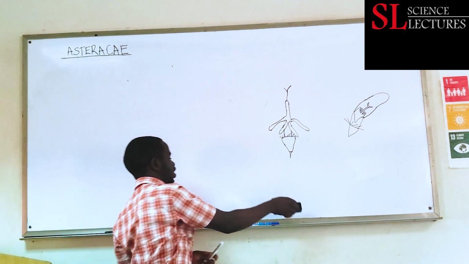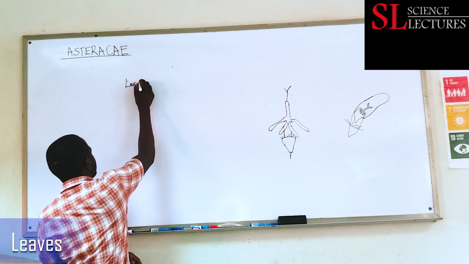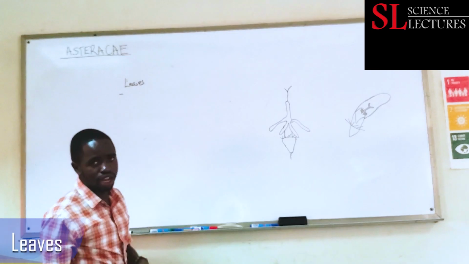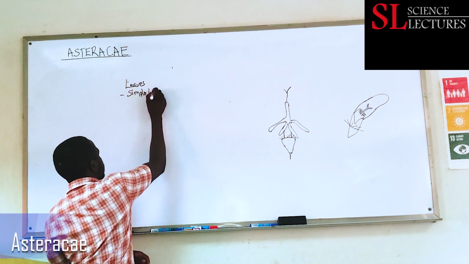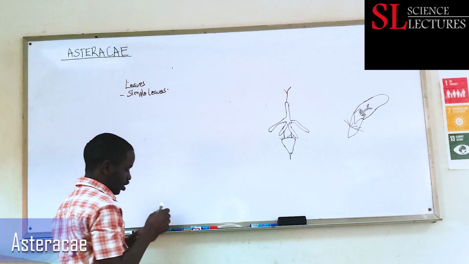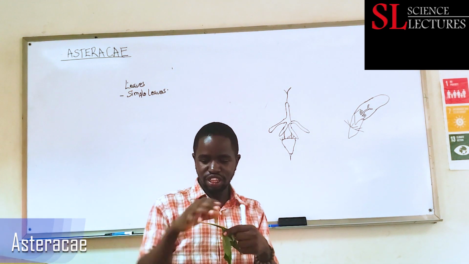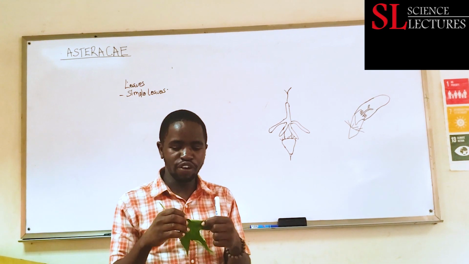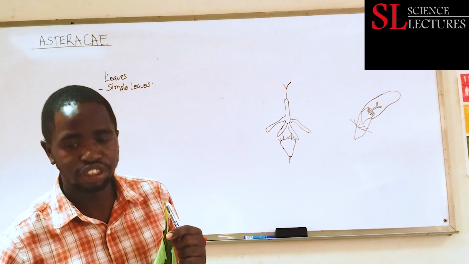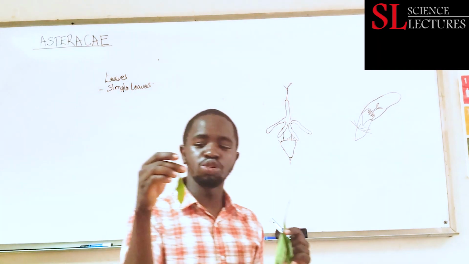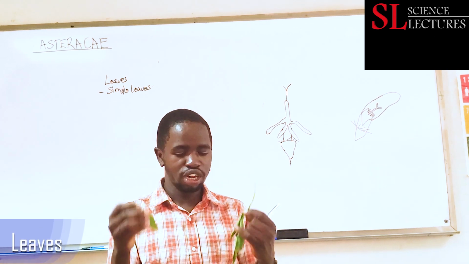After having discussed the stem and the roots, I want us to look at the leaves. They have simple leaves. What I have here is a leaf of a member of family Asteraceae. I hope you can see. This is a simple leaf. This is also another leaf from members of family Asteraceae, also a simple leaf.